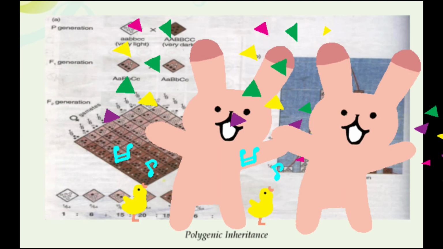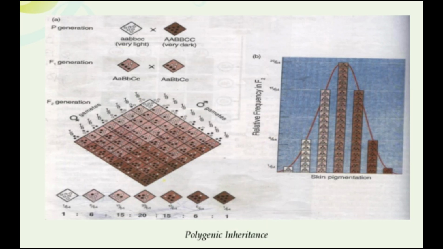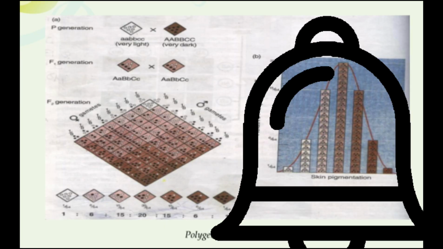We can see in this diagram the P generation, the parental generation, the cross is made, the F1 generation is seen, and in the F2 generation we get the ratio 1:6:15:20:15:6:1. It will show a bell-shaped curve. Few individuals fall into the parental category.